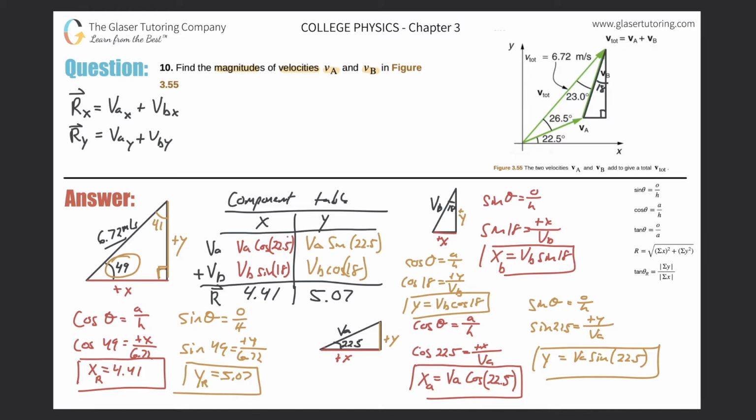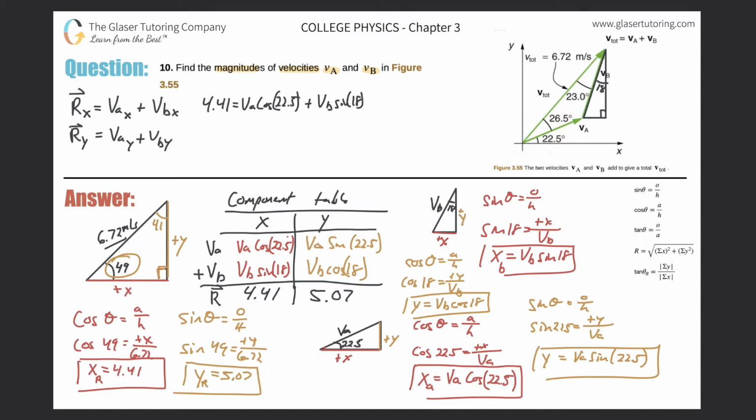All right. So now, why don't we start substituting the numbers in? So let's do that. So the x component of the resultant was 4.41, and that should equal now VA cosine of 22.5, right, plus VB sine of 18.